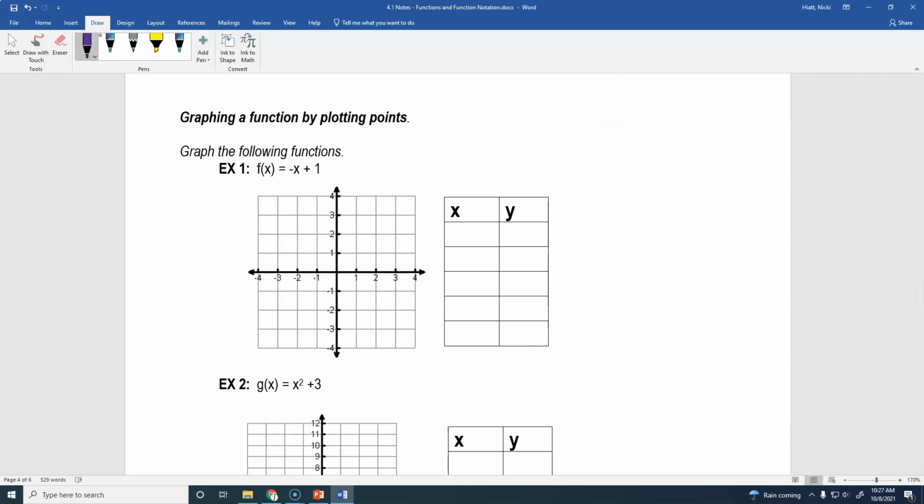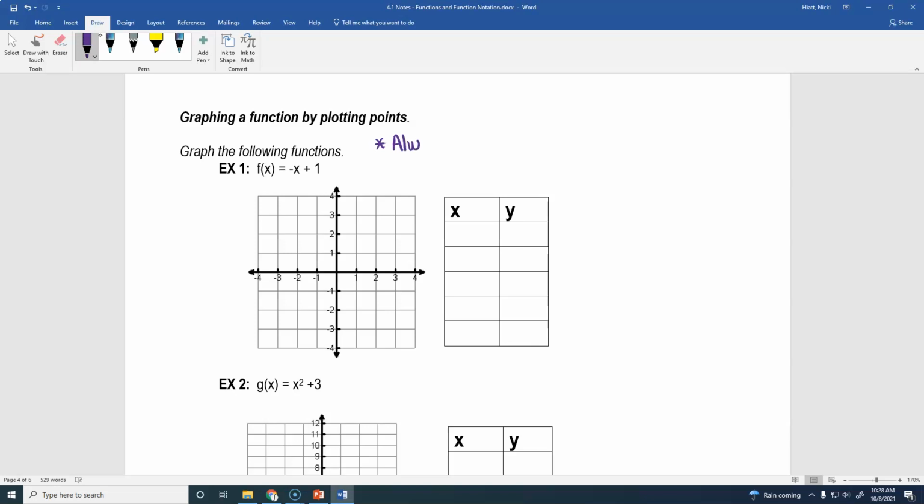So if I want to graph f of x equals negative x plus 1, then to graph that, I'm just going to pick some numbers to plug into this equation, okay? I am going to put a little note right here.